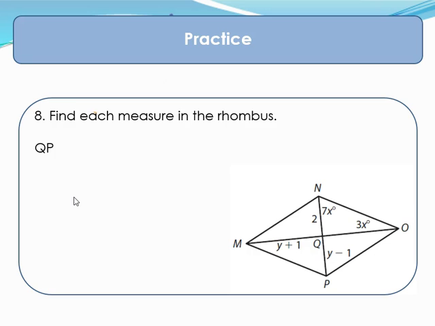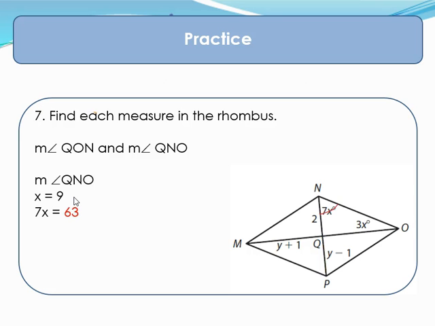Find the measure in the rhombus, same drawing, and it's this segment right here, QP. Well, one of the things we know about a rhombus is that the diagonals bisect each other.